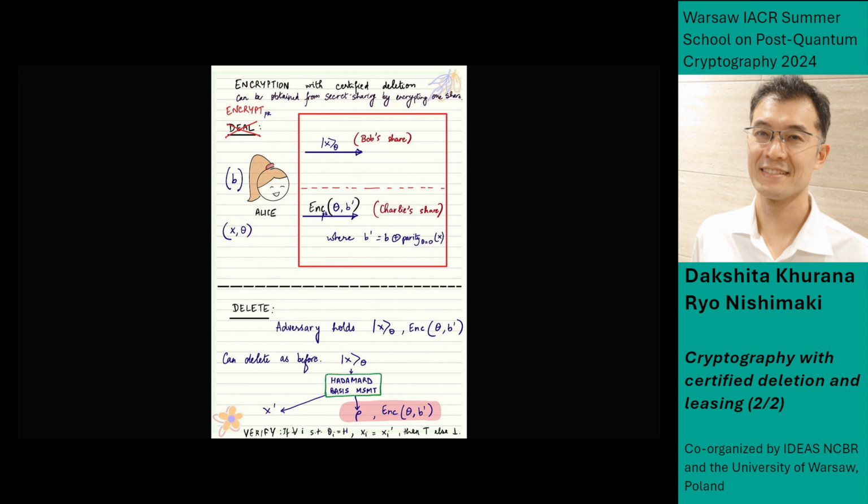Okay? And Bob also has the BB84 state. So Bob can decode X by using theta. And now Bob can unmask this bit B prime by using the parity of X. So Bob can get information B. This is the decryption algorithm.